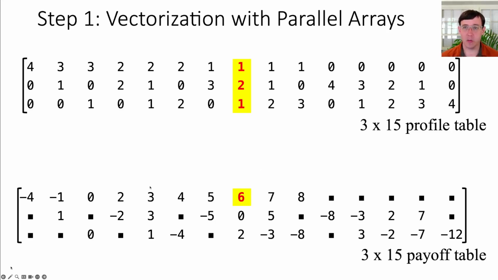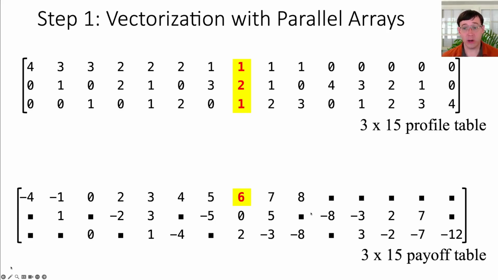But looking at this payoff array immediately suggests room for further improvement because we have a bunch of invalid entries in the payoff table. For example, in the profile where one player chooses the first action, nobody chooses the second action, and 3 players choose the third, there isn't a valid payoff entry for the second action because nobody is playing it.